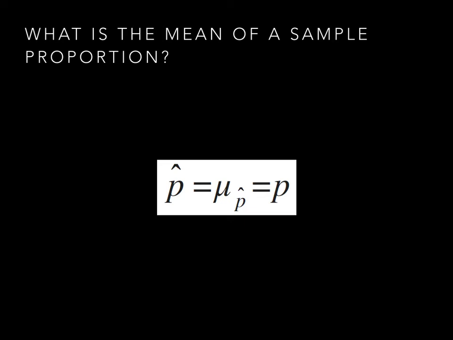Like if I said, you know, 20% of all students have participated in sexual activity, and I gathered a random sample of 500 teenagers, probably around 100 of them would have had sex.